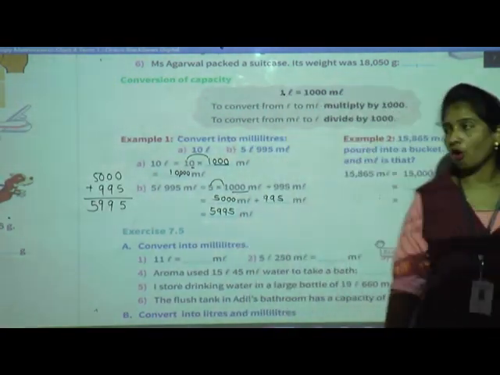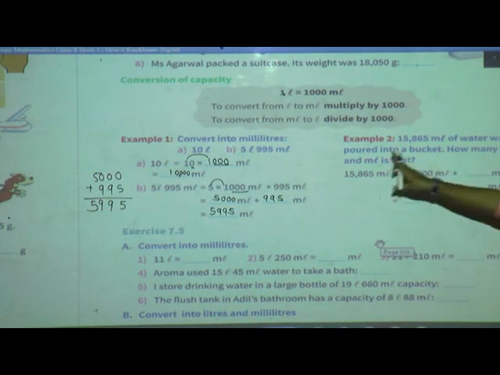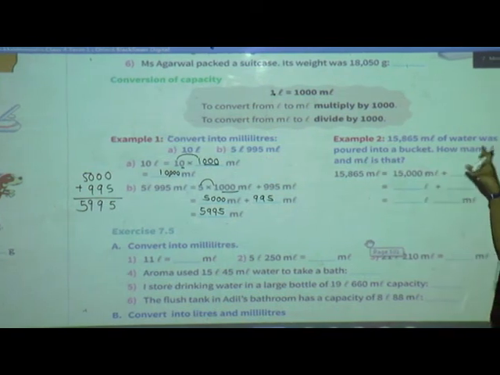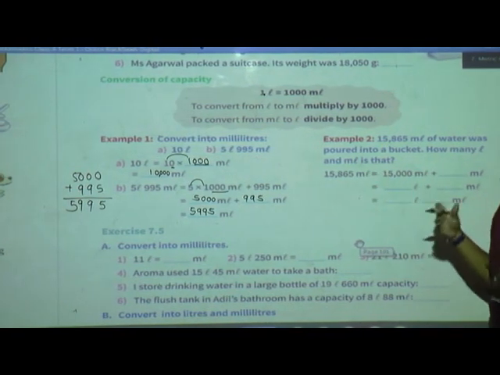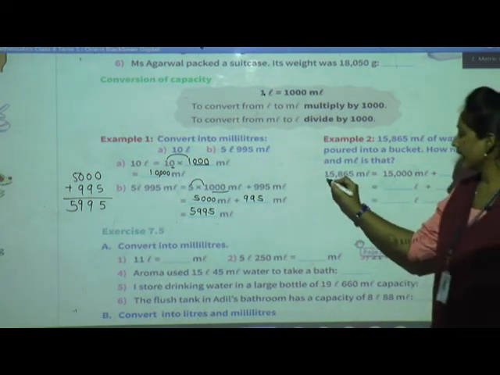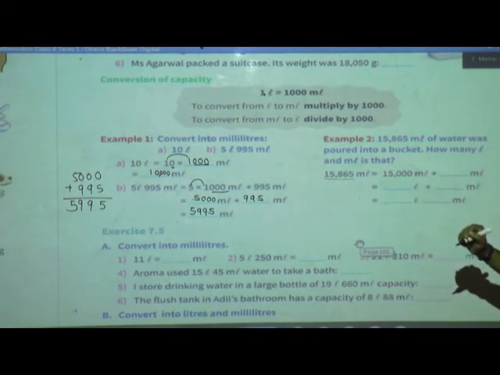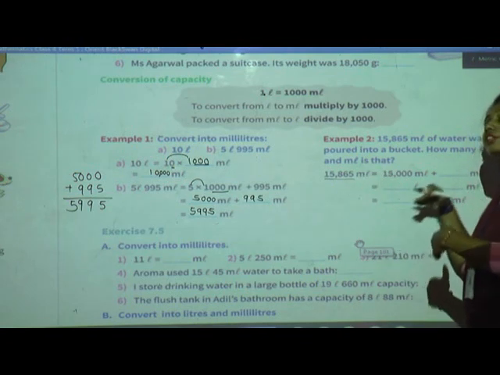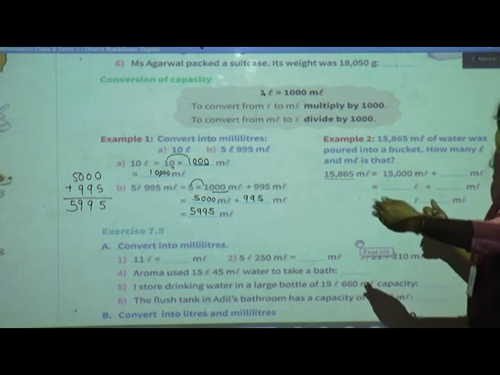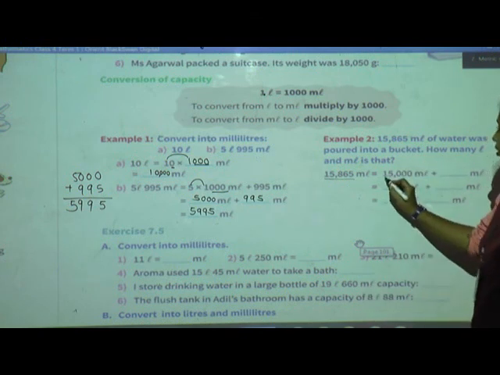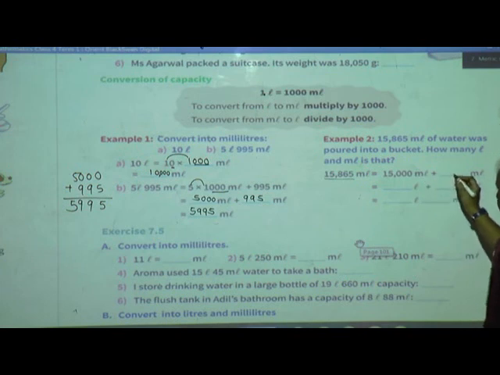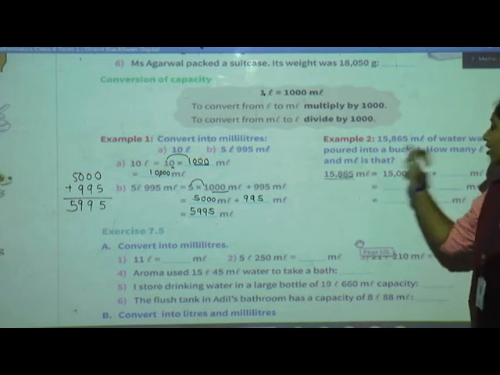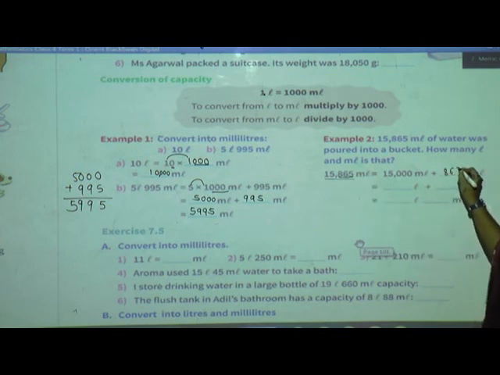15,865 milliliter of water was poured into the bucket. How many liter and milliliter is that? See, they had given this much milliliter poured into a bucket. Now we have to convert. Now they had given lower, we have to convert into higher. Lower to higher means divide. So 15,000 milliliter plus 865 milliliter.